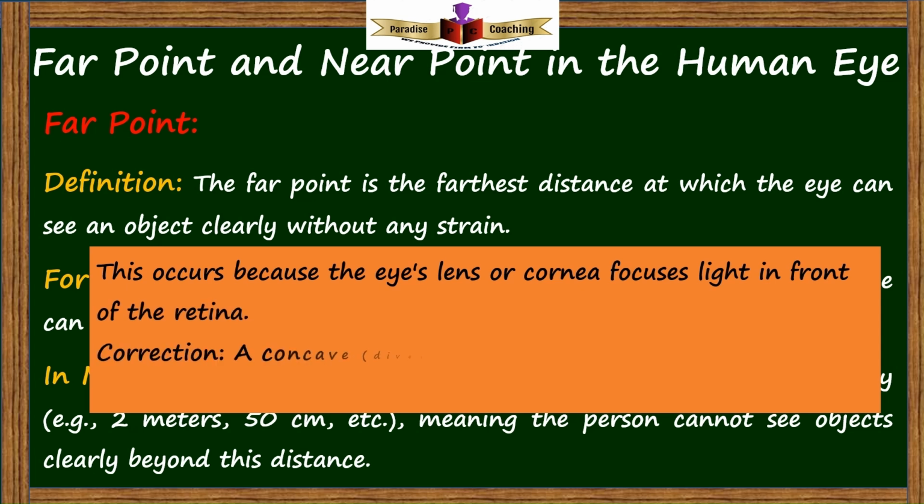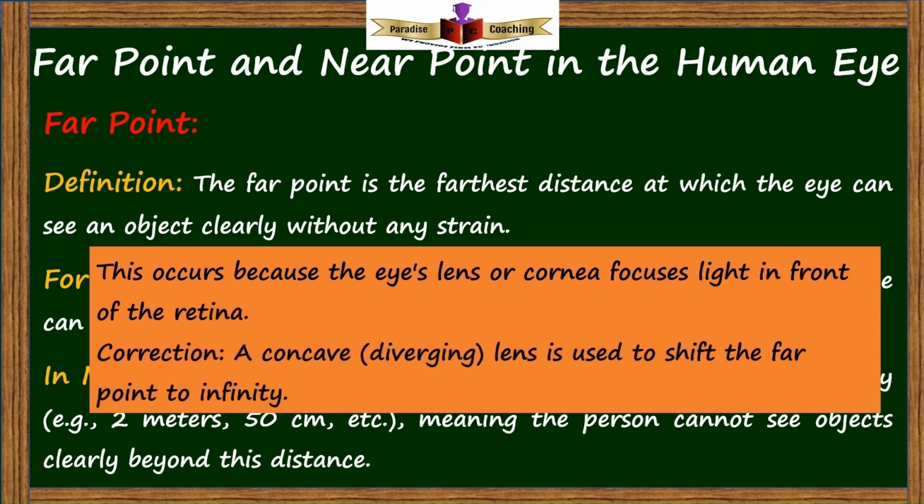This occurs because the eye's lens or cornea focuses light in front of the retina. Correction: a concave diverging lens is used to shift the far point to infinity.